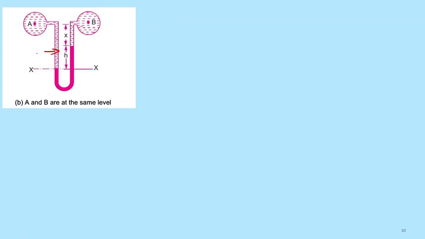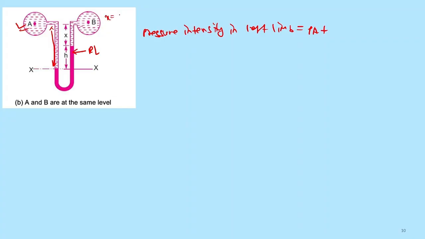Pressure intensity in left limb, we can write pressure due to this point PA plus pressure due to this height, and that height is h plus x, or in place of x you can also write h and h1.